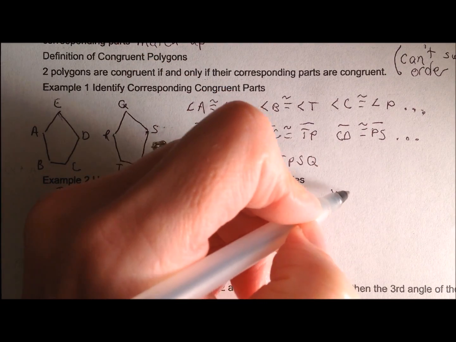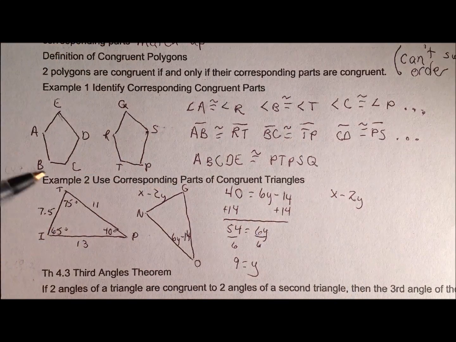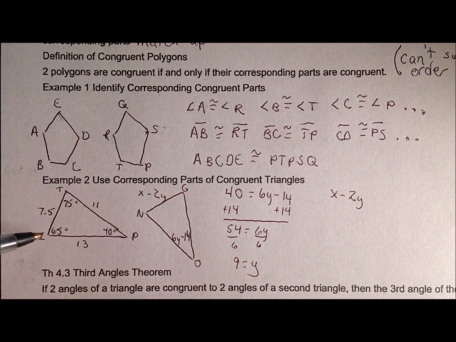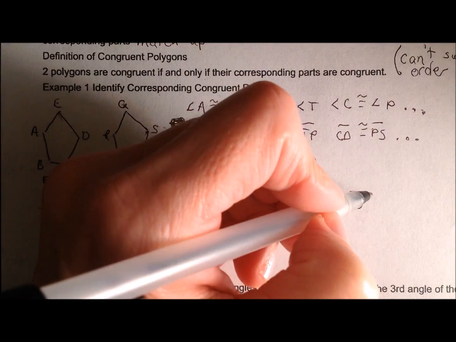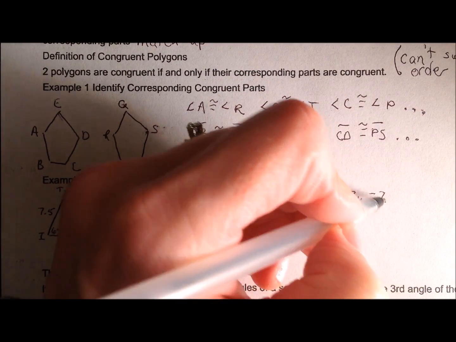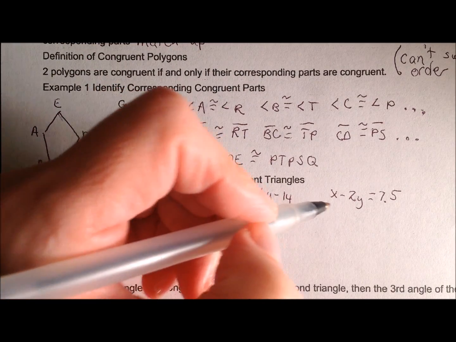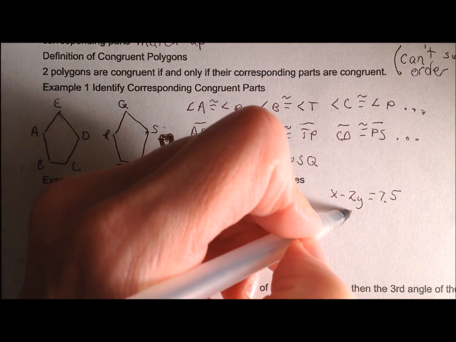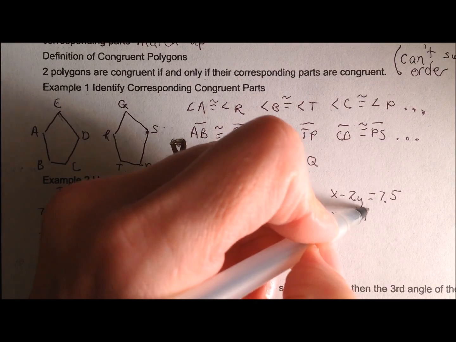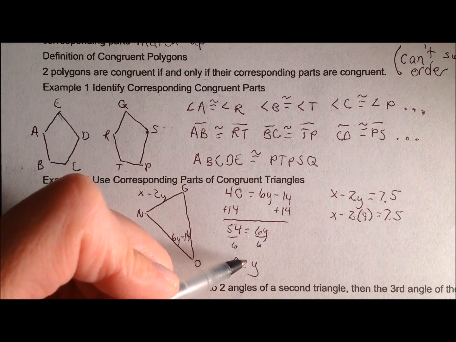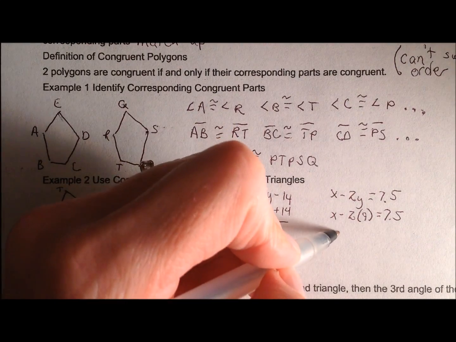We can then use that value when we go to find our missing x value. So in x minus 2y, when we look at this side in G, it corresponds to side IT. And since it does, we know that IT is 7.5 units long. So we can set those equal to each other, and we will then also substitute in our 9 for y, the 9 we found in our previous step.